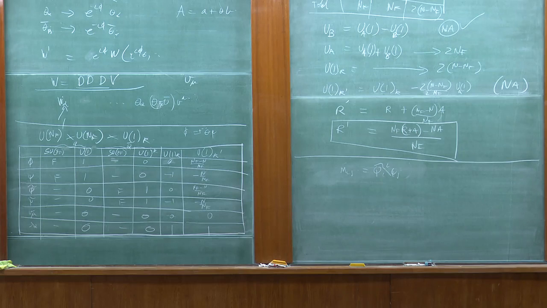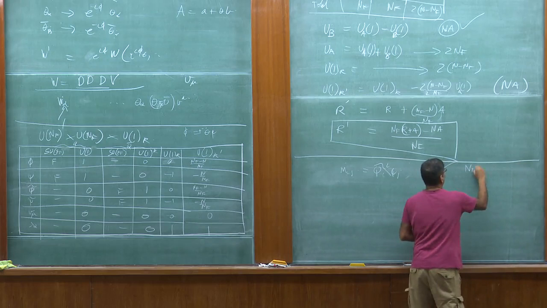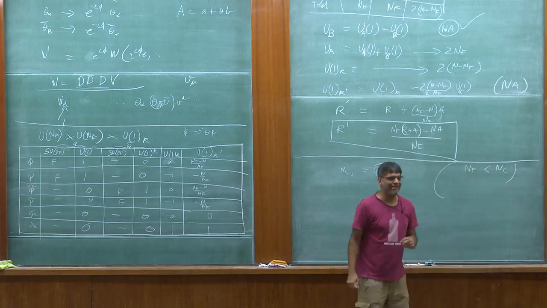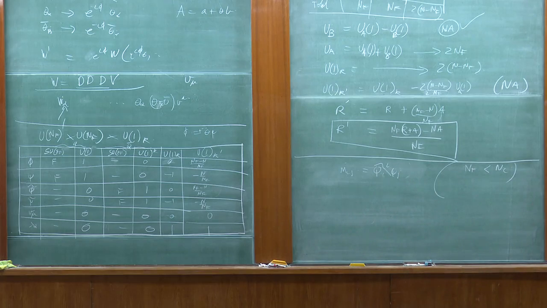okay. Honestly speaking, there's one more thing. I'm considering, let me specialize to the case NF less than NC. In this case, this is the only thing that you could have done. Why is that? Actually, there's one more thing you could do, which is to put n different fields together and contract with an epsilon.